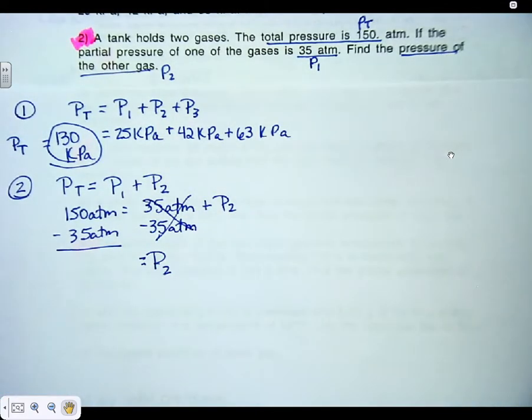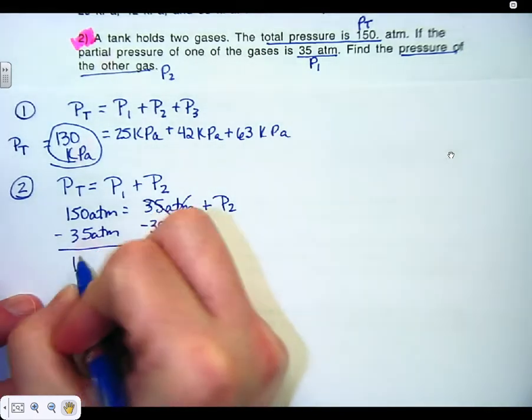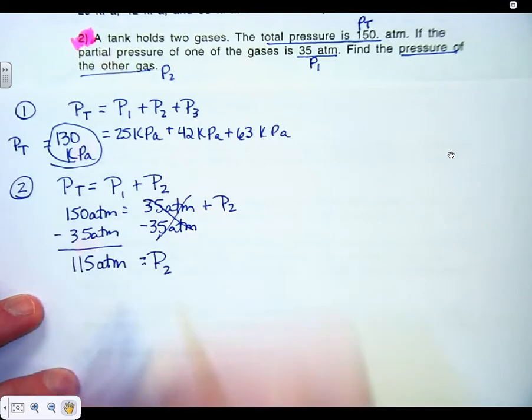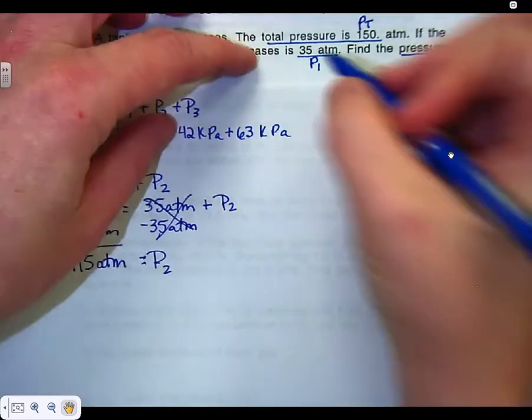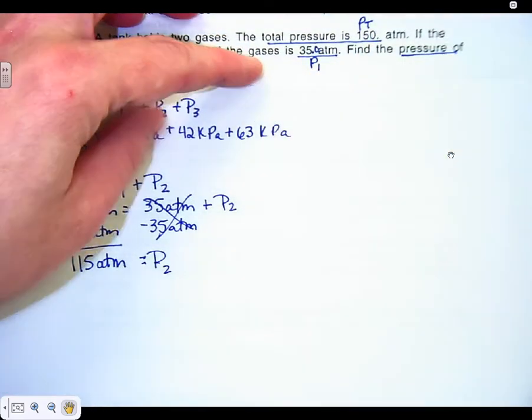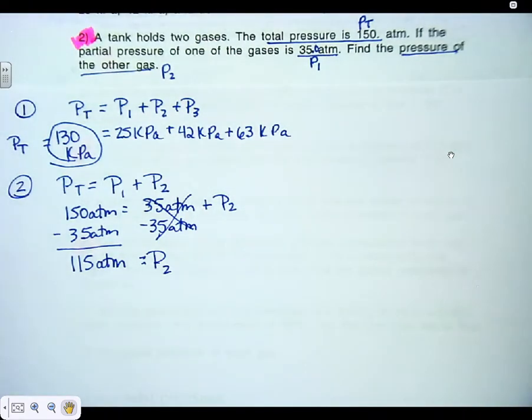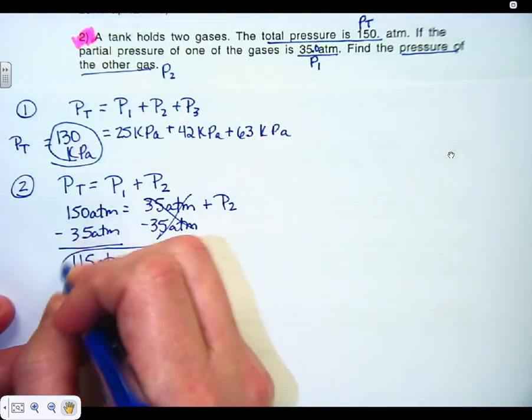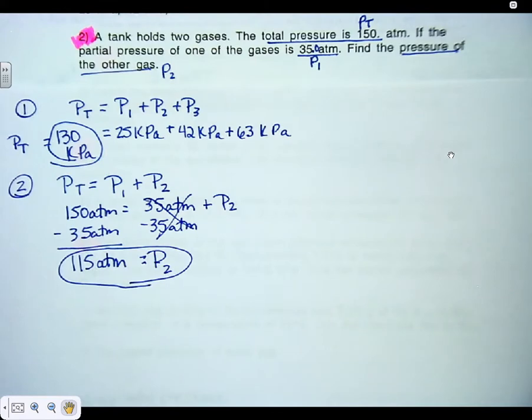So 150 minus 35, I think is 115. Yes, 115 atmospheres. Even though 35 has 2 significant digits, I'm going to put 35.0. That way we can leave the 115 atmospheres as our answer, because I would hate to round that up to 120, because 120 and 35 doesn't add up to be 150. Or I'm sorry, 120 and 30 doesn't add up to be 150.